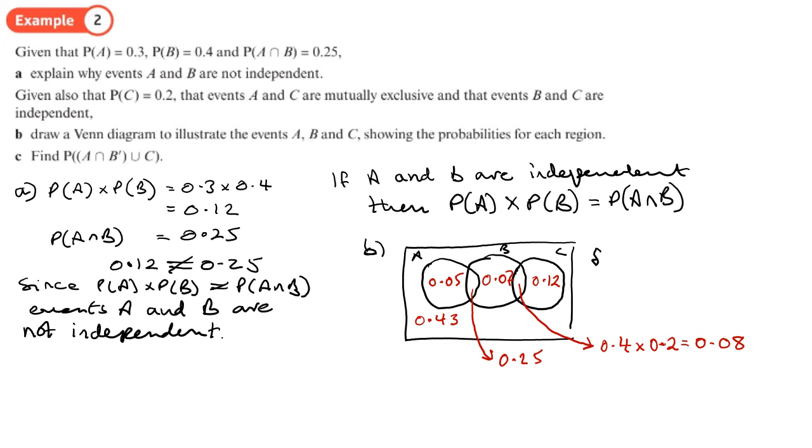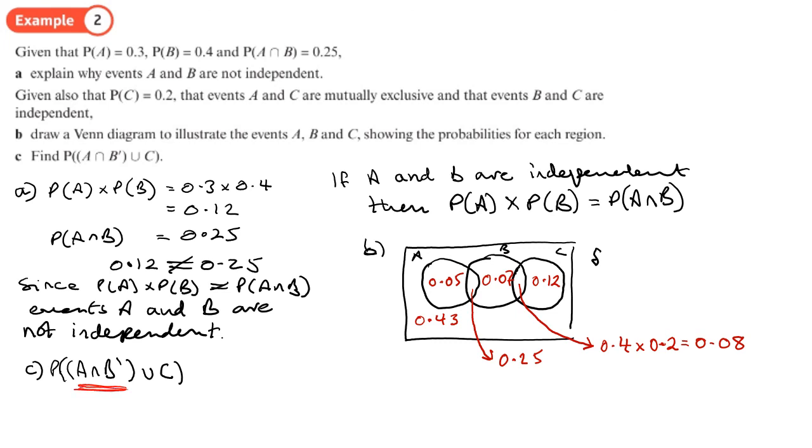Last bit of the question, part C. Now we seem to have some sort of compound question going on here. Right, so it's just like BODMAS really. We need to work out, do the bit in the bracket first. So we want to find out what this is.